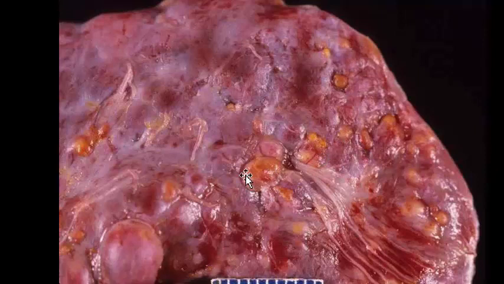Hey, look at the color of these. Remember that any tissue that produces steroids is going to have a yellow-orange appearance. That's because one of the major components of steroids is fat. And when you oxidize fat, which you have to do to turn it into steroids, then you get a yellow to orange discoloration.